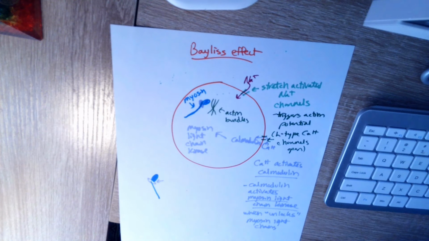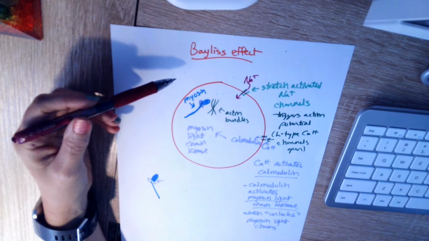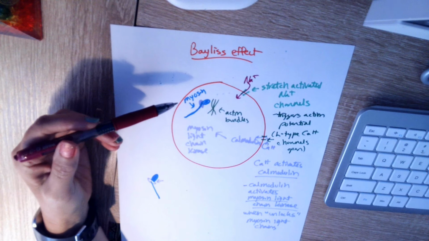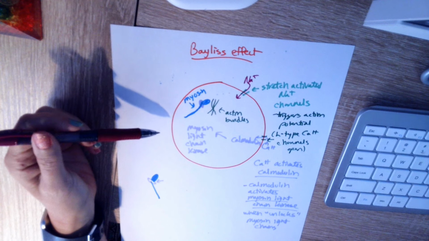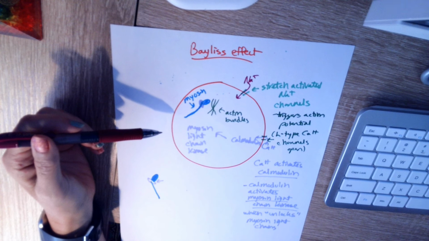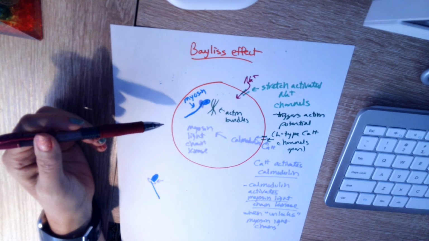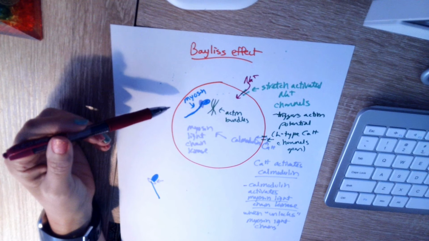Okay. Last thing to talk about for this section is the Bayliss effect. The Bayliss effect has to do with a reflex, essentially, of if you have too much perfusion happening in a tissue, you're going to have this reflex that constricts the smooth muscle of the arteriole going into that tissue.